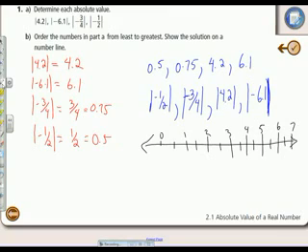So we've got right here, that first one, absolute value of negative 1/2, and here is my second one, then the third one, absolute value of 4.2, and then absolute value of negative 6.1.